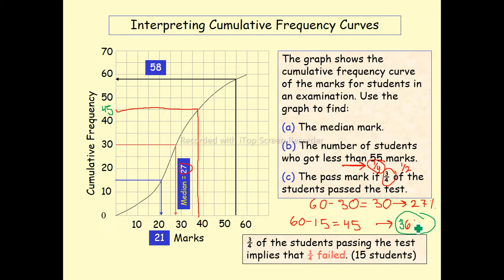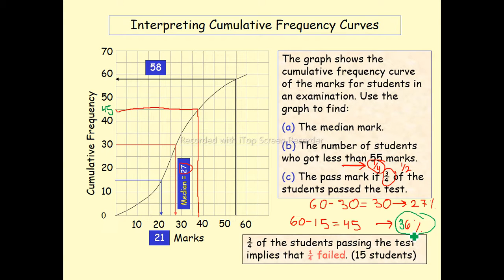And what if I said, no, sorry, 45 students got less than 36%. So if I say that, and I go in front of the class and say only 15 people pass, that means that the people who pass had to get at least 36 or above.